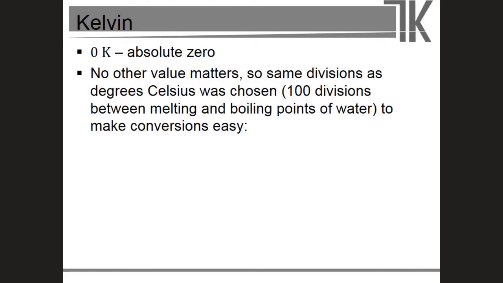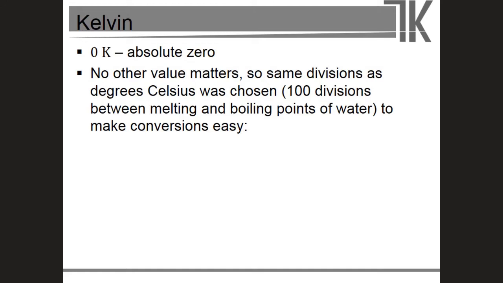But this is only one point. We saw earlier that in order to define a scale, you either need 2 points or 1 point and a temperature change. So because Celsius was fairly prevalent and based off water and makes a lot of sense from that sort of thing, Lord Kelvin decided that we'll just use the same divisions as degrees Celsius. No other value matters, just absolute zero.